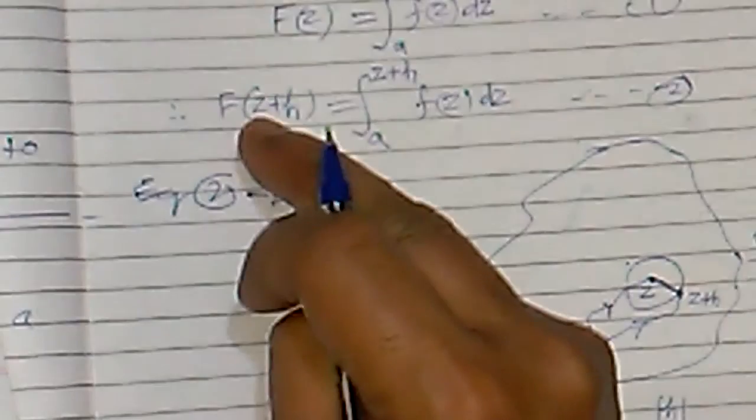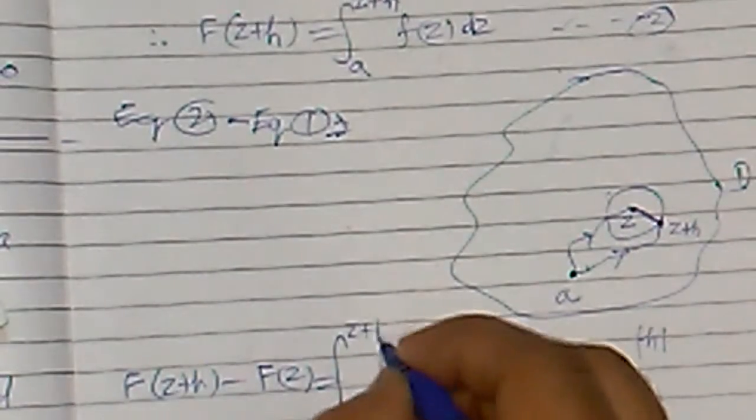On the left hand side we get F(z+h) minus F(z), which is equal to the integral from a to z+h of f(z)dz minus the integral from a to z of f(z)dz.